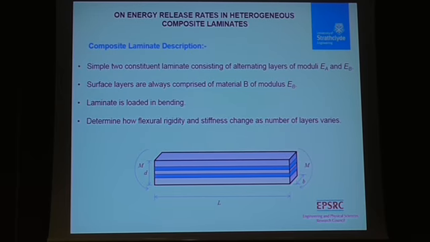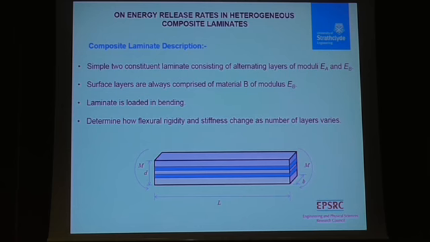Okay, so what I'm looking at is a simple two-constituent laminate consisting of alternate layers, and these are materials A and B that have moduli EA and EB respectively, and obviously EA differs from EB. In this laminate, the surface layers are always comprised of material B. As I've said, that has modulus EB.